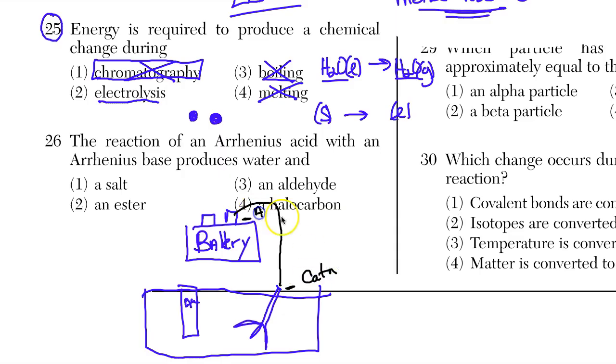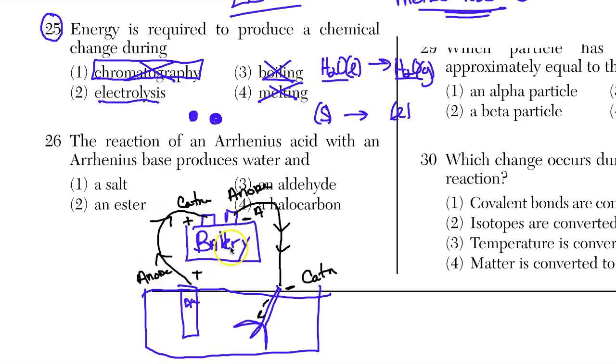Electrons flow this way. Electrons build up. We're going to connect the gold to the positive part of the battery, which makes this positive. And if this is the anode, this must be the cathode of the battery. Electrons always flow from the anode to the cathode.